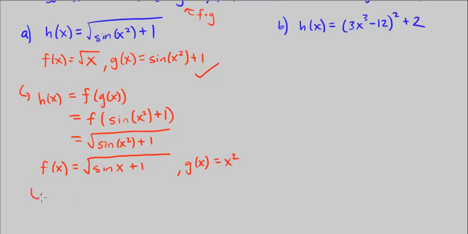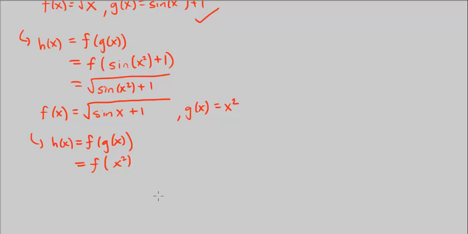Let's check this. h of x is equal to f of g of x, so it's just f of x squared. If we plug x squared into f, this is going to be the square root of sine of x squared plus 1, which again works out.